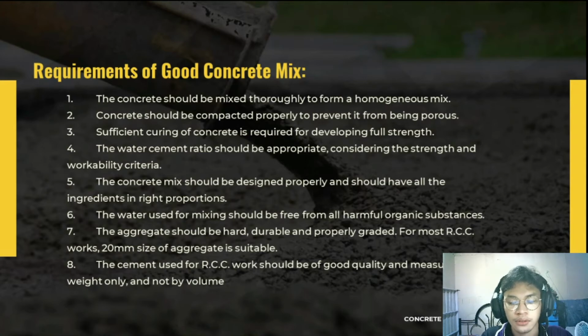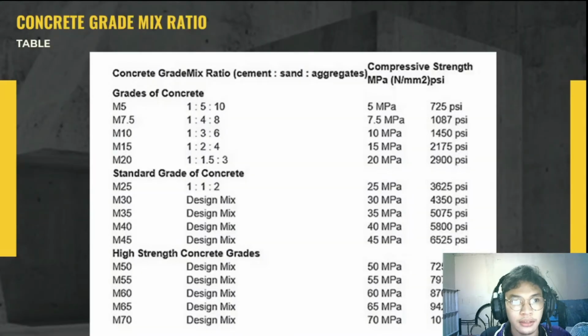Dumako naman tayo sa concrete grade mix ratio. So ito yung table. So makikita natin dito sa first column, yan yung iba't ibang grades ng concrete. Tapos ito yung ratio. Yung first number dyan ay tumutukoy sa bilang ng cement.